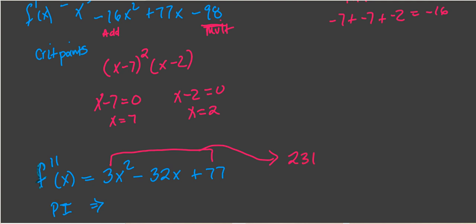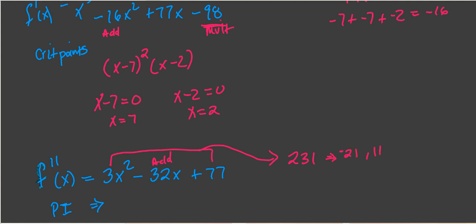So what multiplies to be 231 but adds up to be negative 32? Remember, it needs to add up to be this middle number. What multiplies to be 231 but adds up to be 32? That would be 21 and 11.